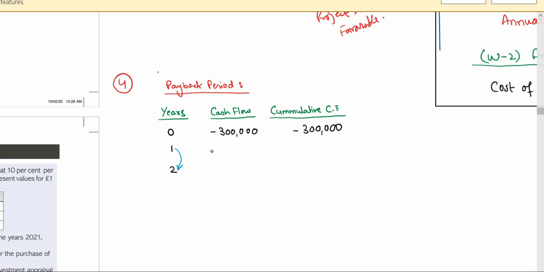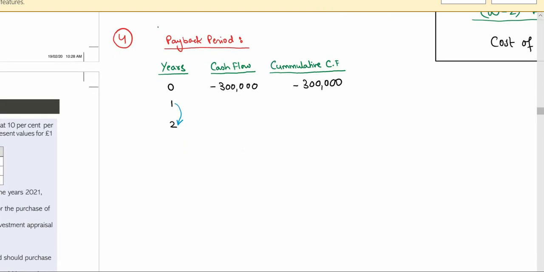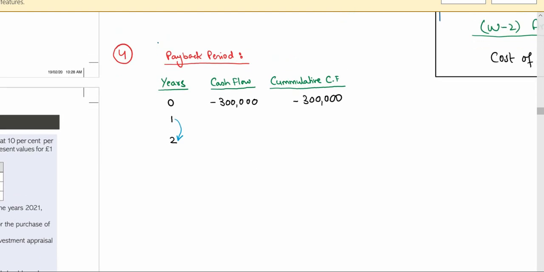For inflow, we have to calculate the inflow, or you can say the net benefit.